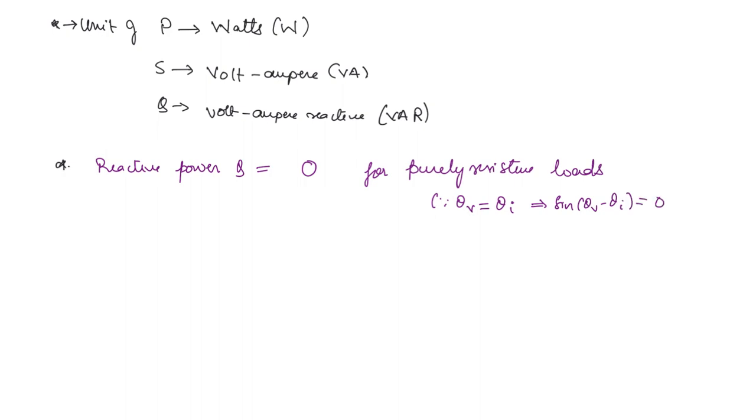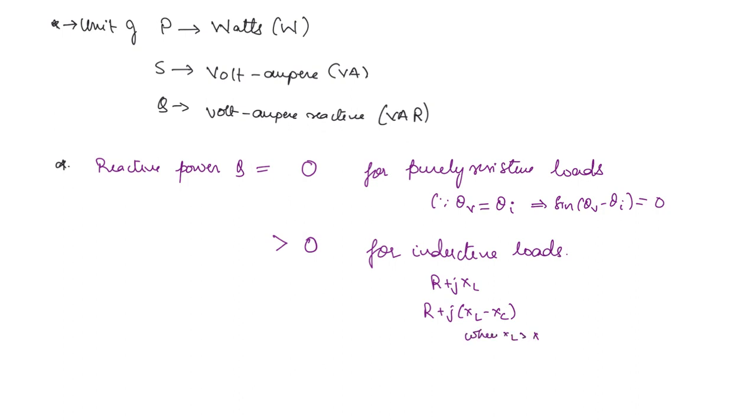Then what about inductive loads? For inductive loads, Q will be greater than 0. Inductive means the inductive load is dominating, it is having a dominant effect. So this can be simply R plus jXL or R plus j(XL minus XC), where XL is greater than XC.